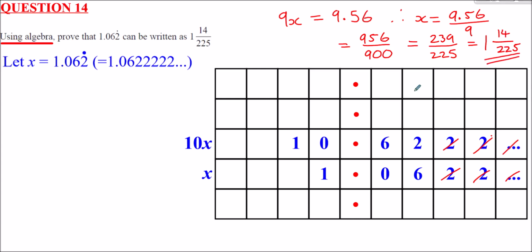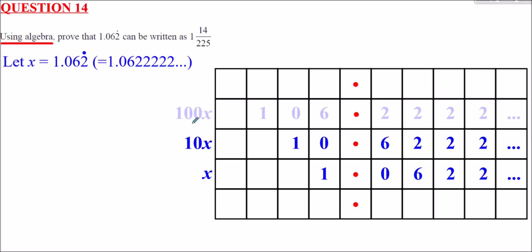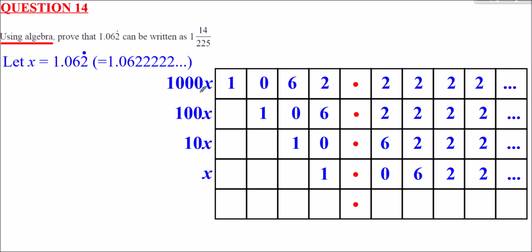I'll show you another way though, so you could get away with dealing with these decimal numbers. A more neat approach is to keep multiplying by powers of 10. So if I were to take this 10x and multiply by 10 again, another way I could arrive at this solution would be to get 100x equals 106.2222. Then if I multiplied by 10 again to get 1000x, I'd find that 1000x would be 1062.2222.